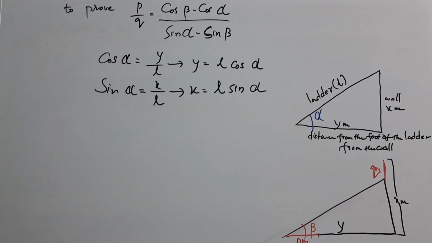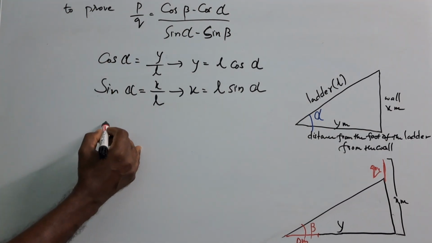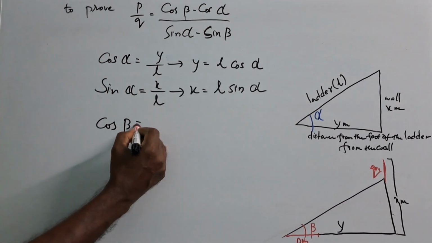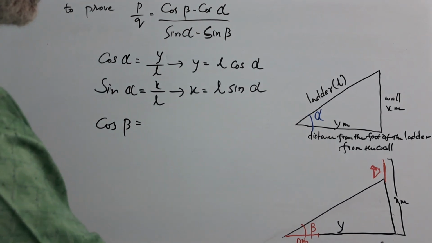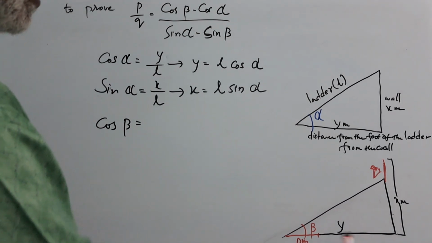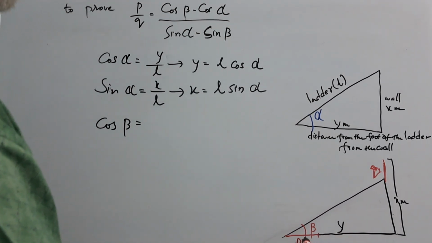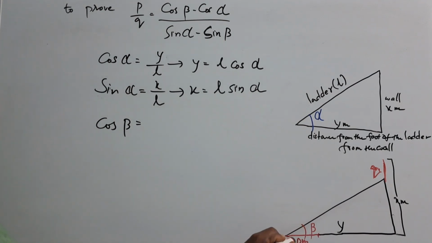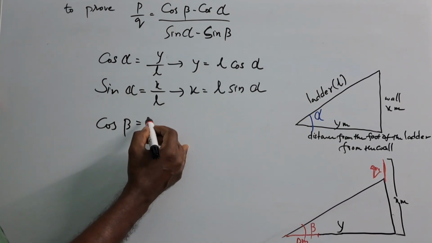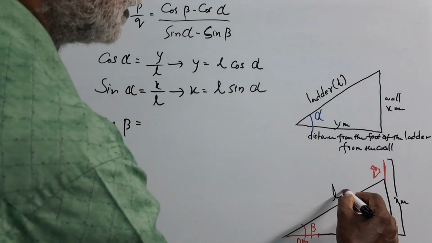Now let's see cos beta and sin beta. Cos beta is equal to, here the adjacent side has increased, y plus p. So L remains the same, L meter.